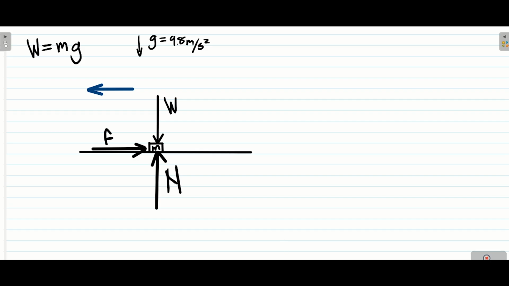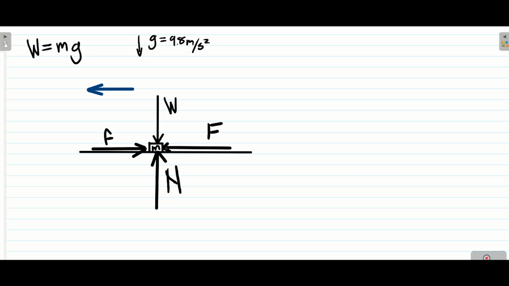So this box, let's say it is pushed to the left so that it can go to the left, and forces that are applied on an object are usually denoted by the letter F, capital F. If we apply the force on this object, it's not always that it will move. Let's say you try to push a very heavy box very lightly. It might not move at first.